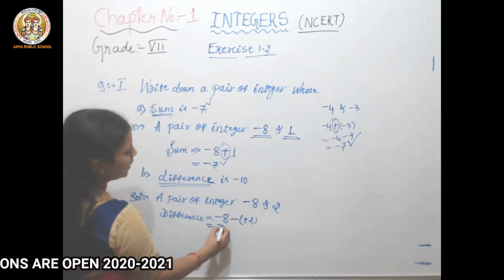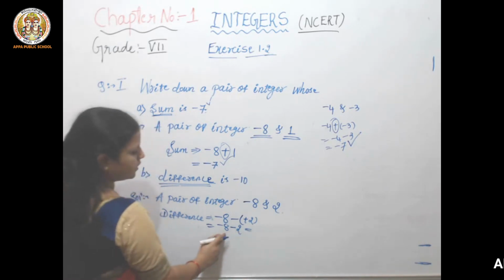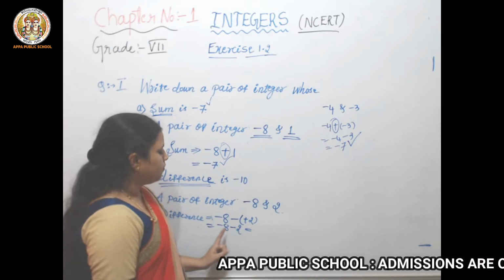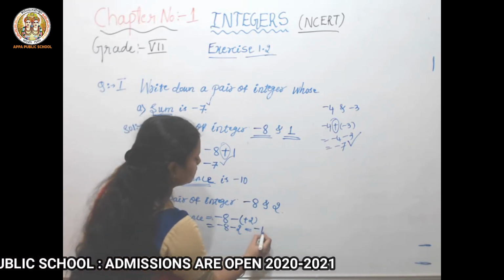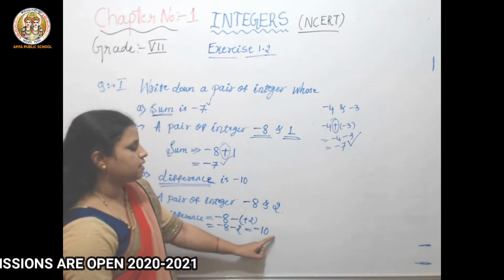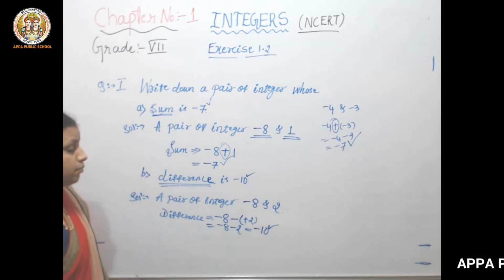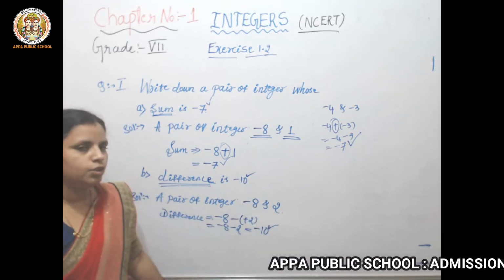Now it is minus 8 plus into minus, minus 2. You add these two numbers and keep the sign: 8 plus 2 is 10, so minus 10. So the pair of integers are minus 8 and 2.